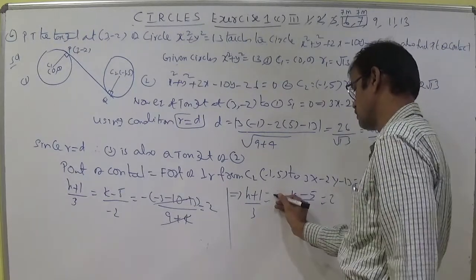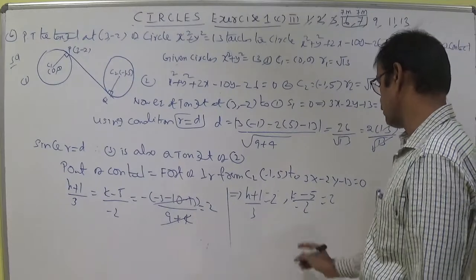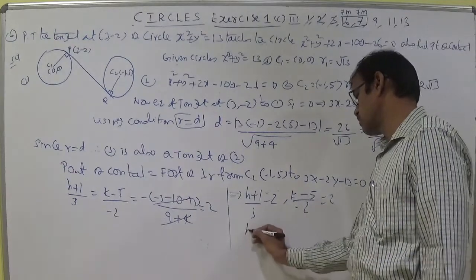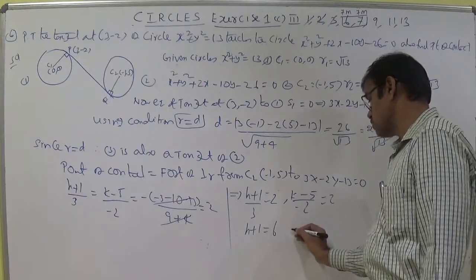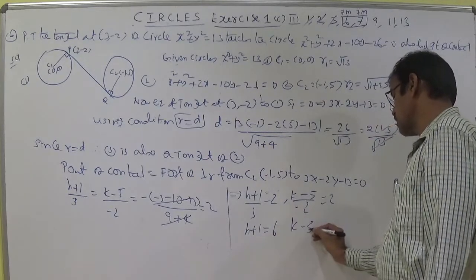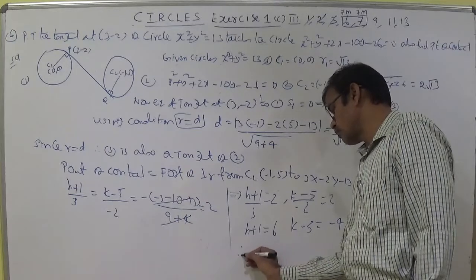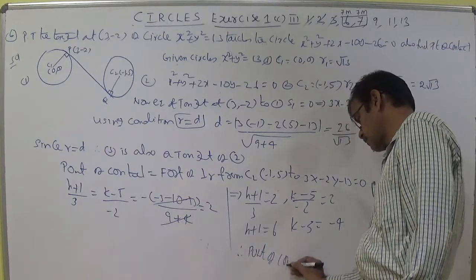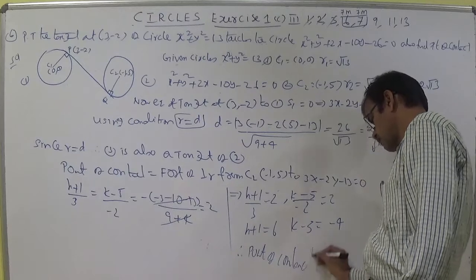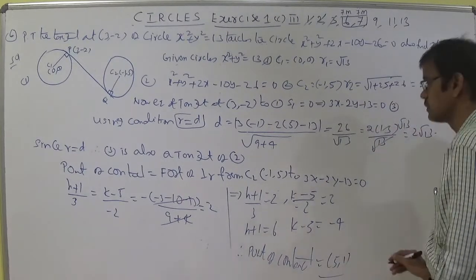So 3 2s are 6, h plus 1 equal to 6, so h equals 5. K minus 5 is equal to minus 4, so k equals 1. So 5 comma 1. Therefore, the point of contact is 5 comma 1.